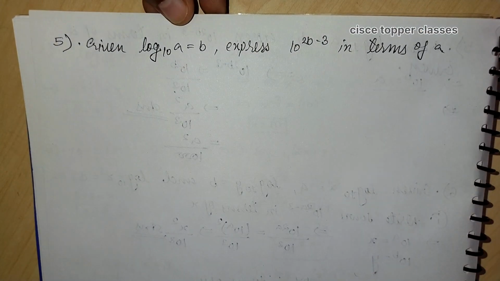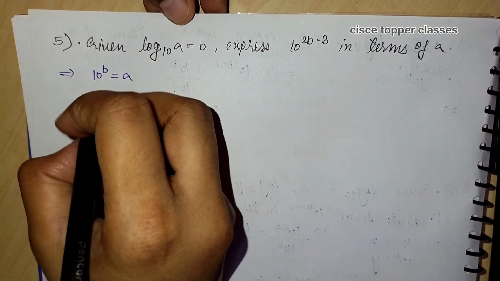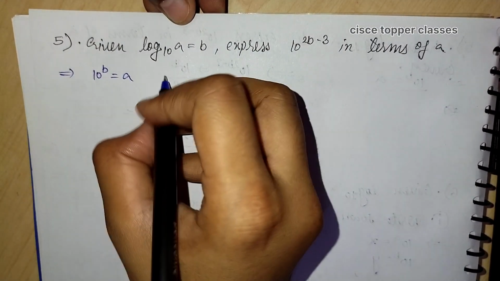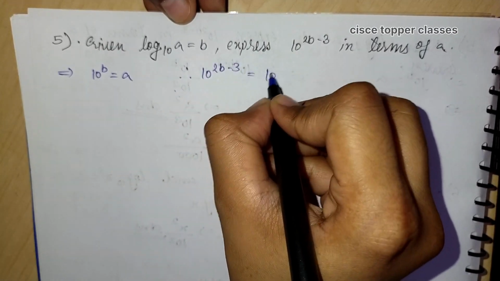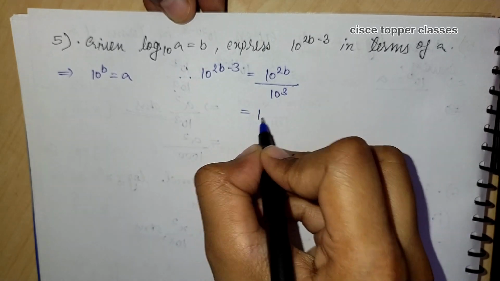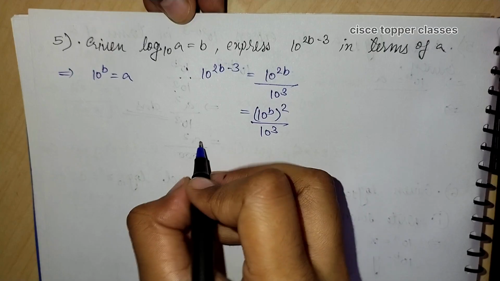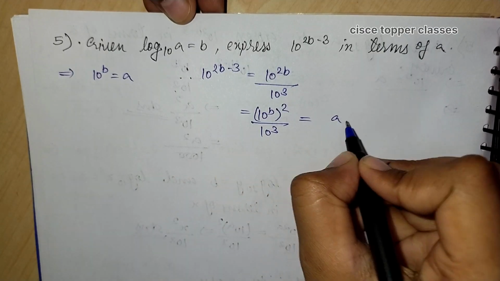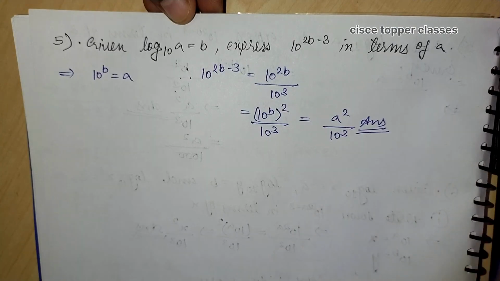So we can write this firstly as 10 to the power b equal to a, and now we can solve the value of 10 to the power 2b minus 3 equal to 10 to the power 2b divided by 10 to the power 3 equal to 10 to the power b whole square divided by 10 to the power 3. We can simply write a whole square divided by 10 to the power 3 as the answer here.